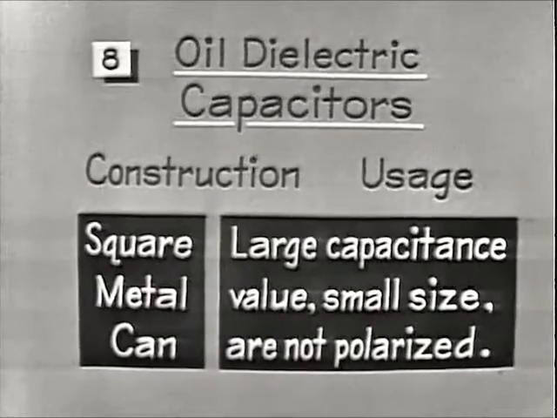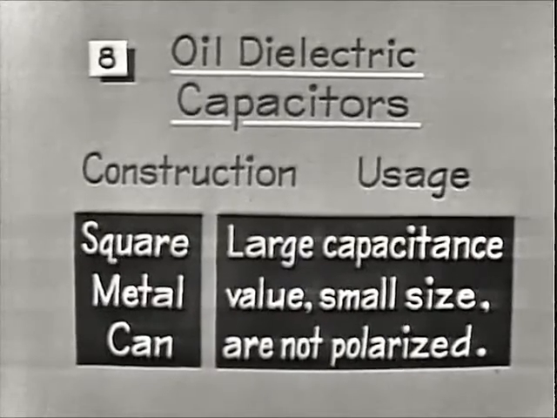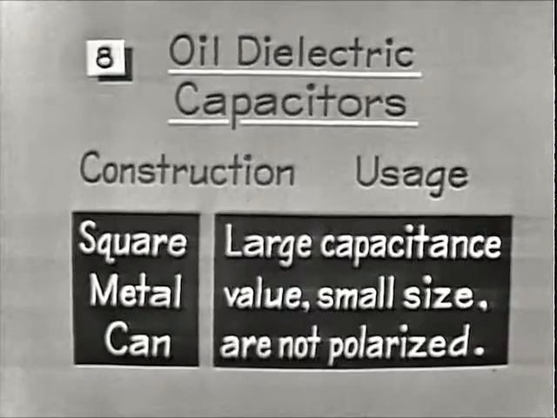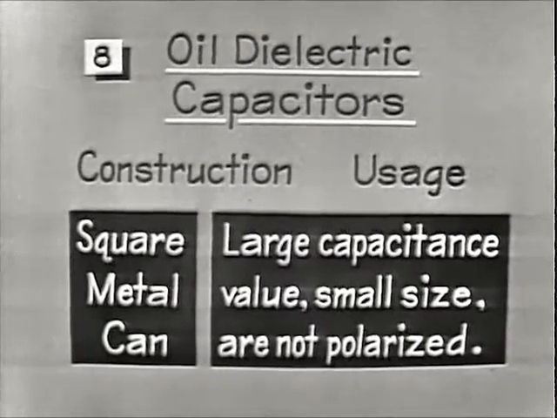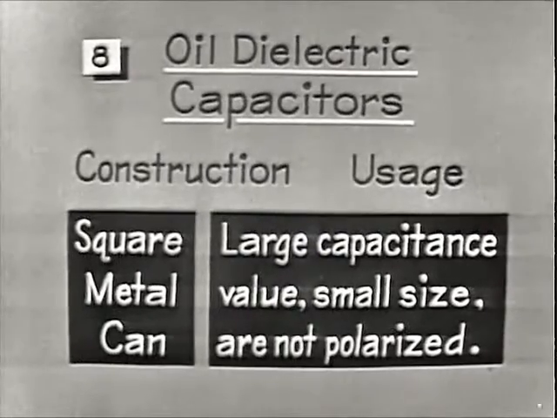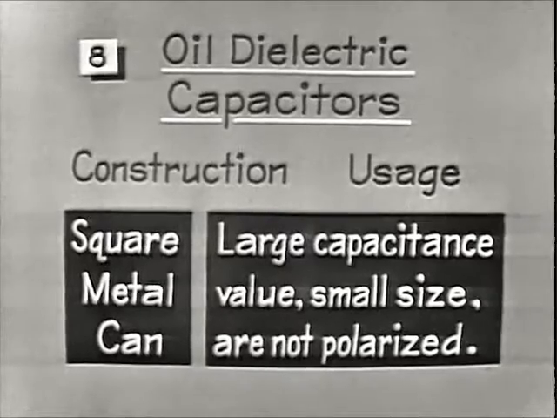The correct answers are square metal can for construction, and large capacitance value, small size, and not polarized for usage.